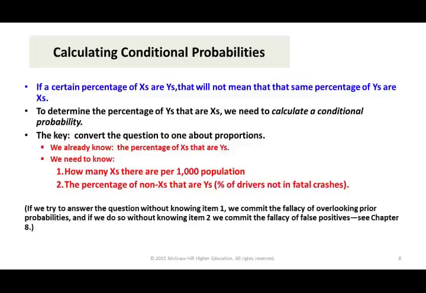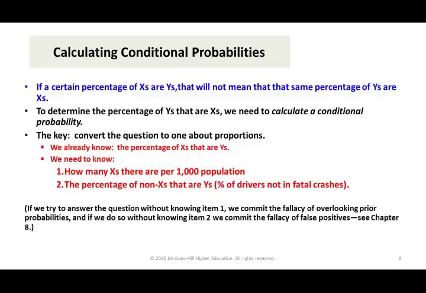Likewise, if 90% of the people who test positive for HIV are HIV positive, that is, the test fails 10% of the time, we might also want to know, translating that the other way, what percentage of HIV positive people are going to test positive. It's not going to be 90%.